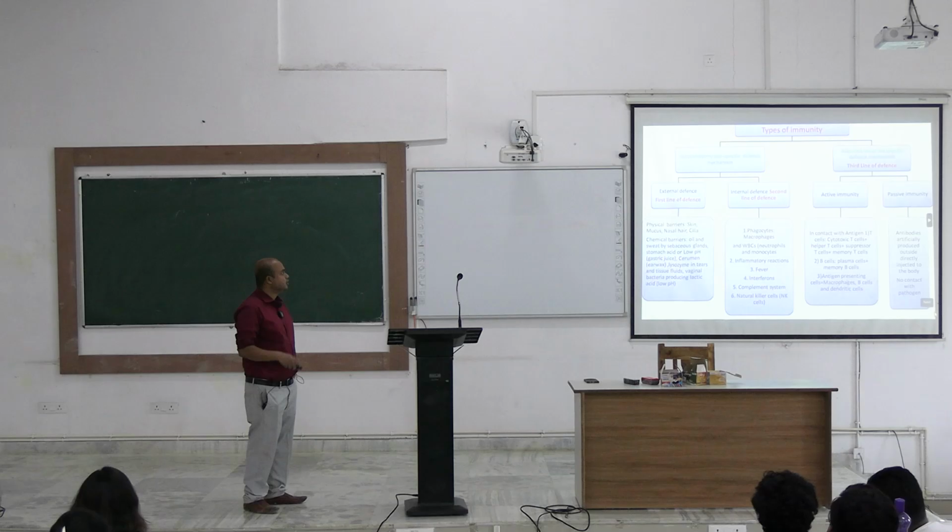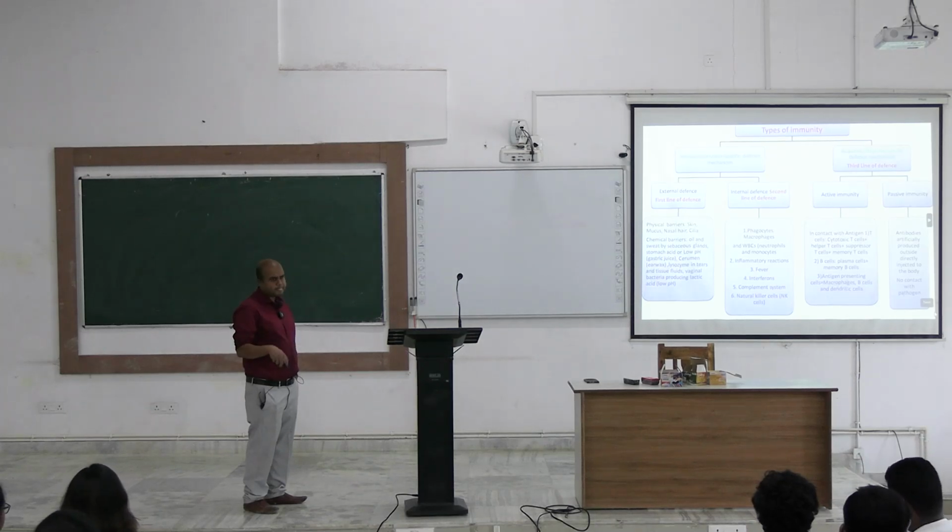Acquired immunity is also called adaptive immunity, while innate immunity is non-specific, not directly against a certain specific microorganism, like these physical barriers, lysozyme, gastric juice which contains HCl, and any chemicals in the reproductive tract.